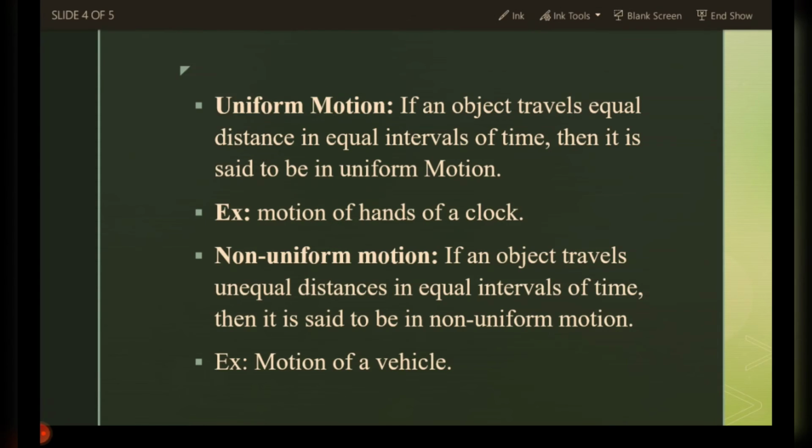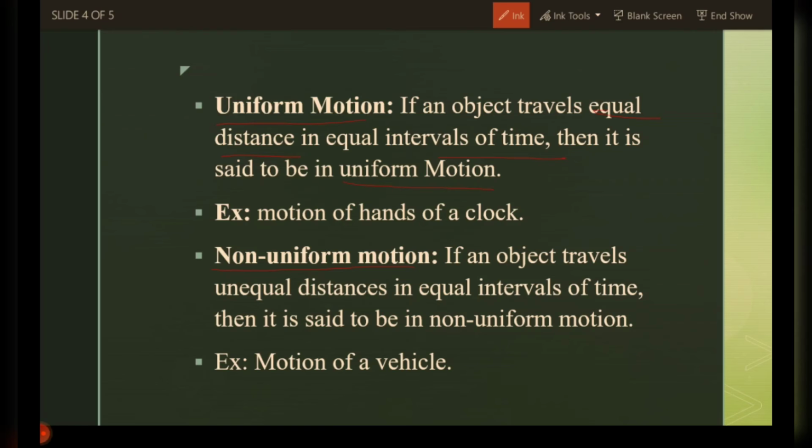Next, there are another two types which are based on the distance covered and time: uniform motion and non-uniform motion. If an object travels equal distance in equal intervals of time, then it is said to be in uniform motion. An object is moving, it covers equal distance in equal time periods, then it is called uniform motion.